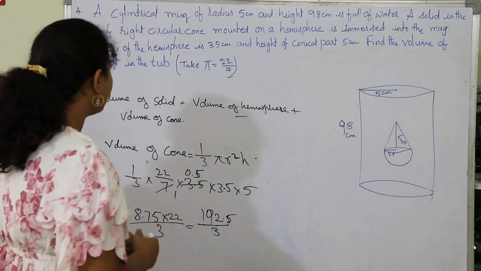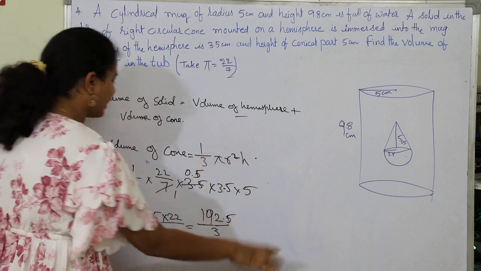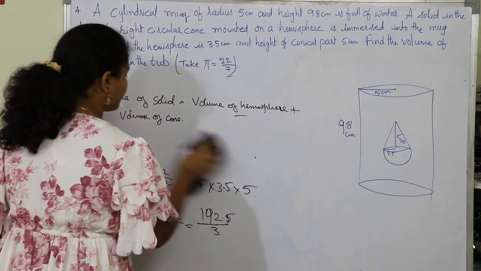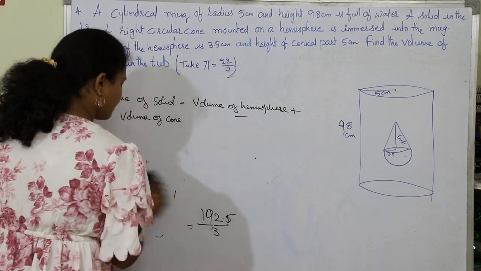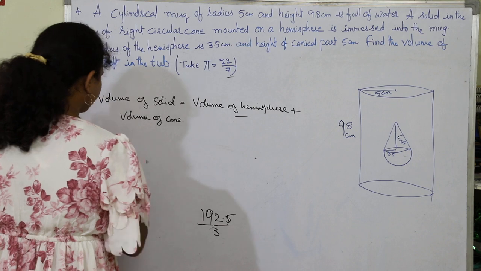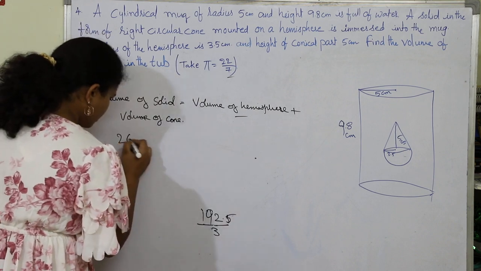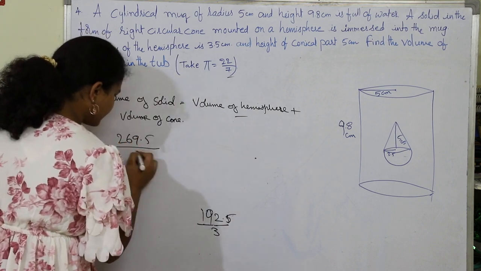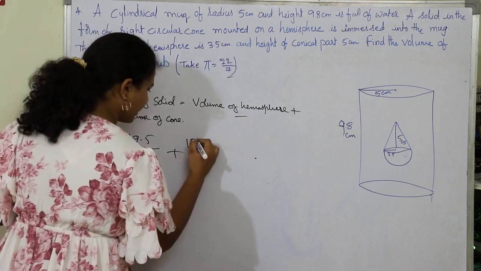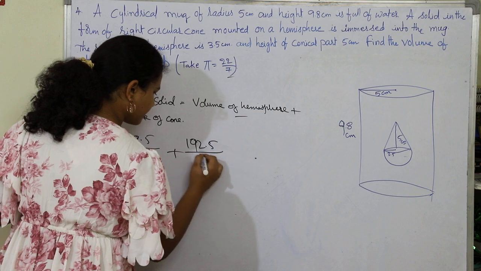Now to find the volume of the solid, I got the volume of the hemisphere and the volume of the cone. What is the volume of the hemisphere, guys? Volume of hemisphere equals 269.5 by 3 plus volume of cone equals 192.5 by 3, right?